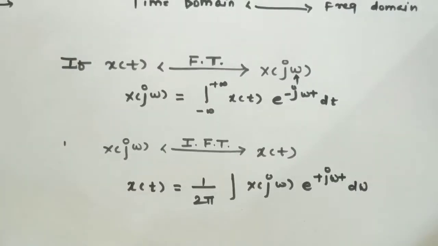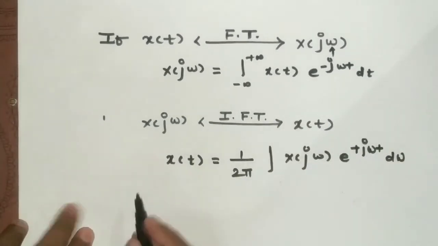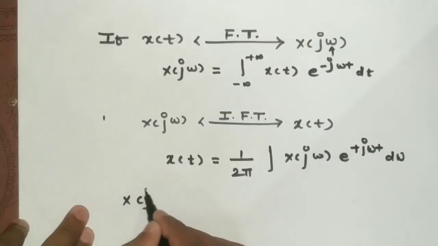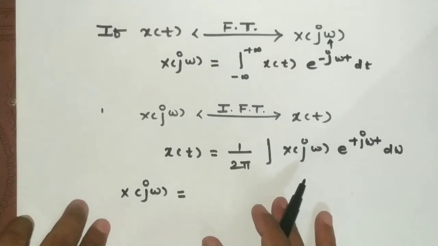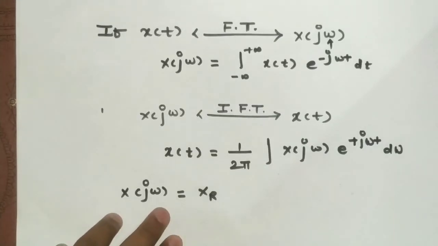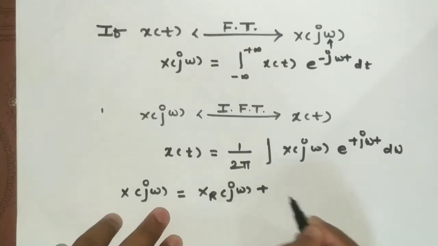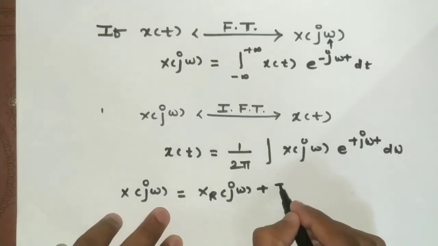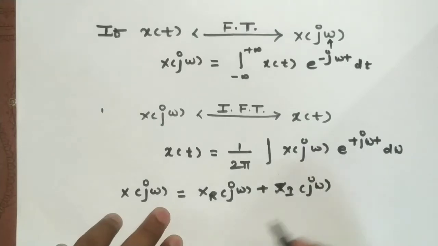Now whenever we represent x of j omega, it is definitely a complex term because j is there. A complex term can have a real part, xr j omega, plus an imaginary part, xi j omega. It is as good as representing x plus i y.